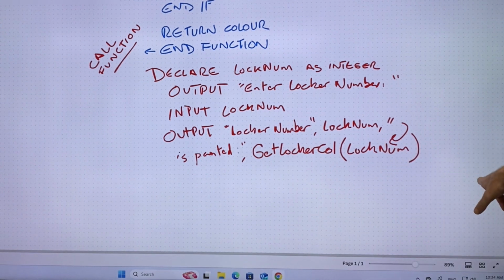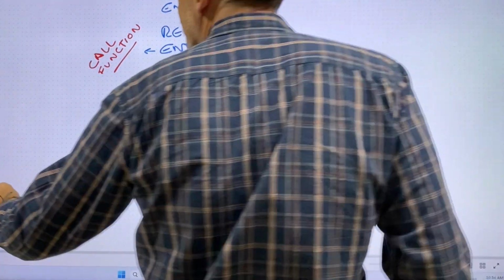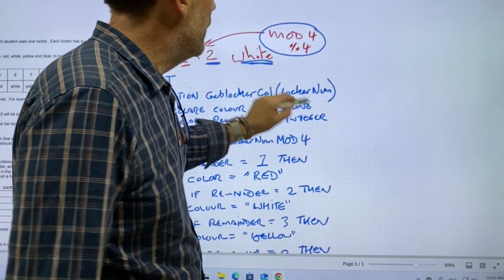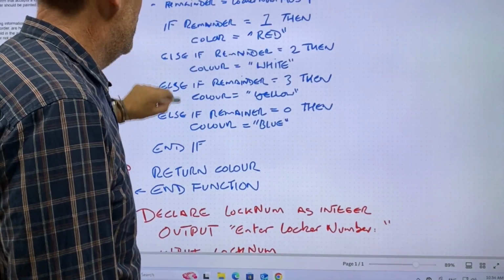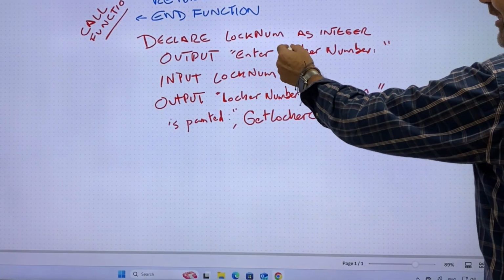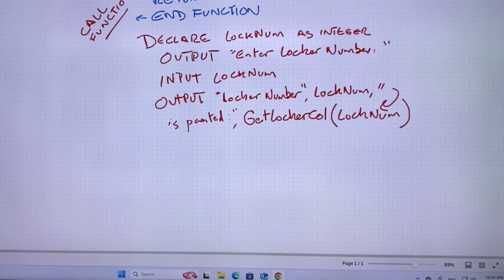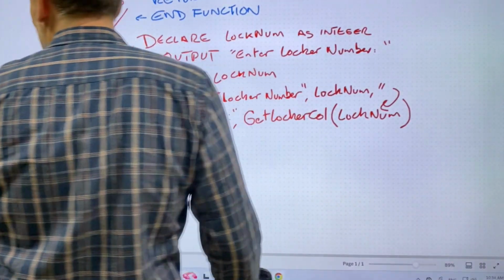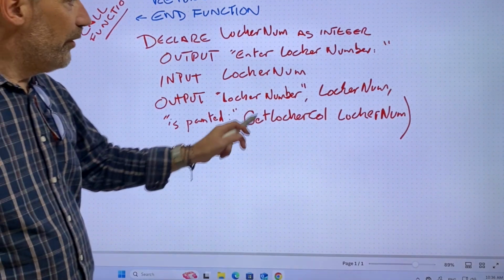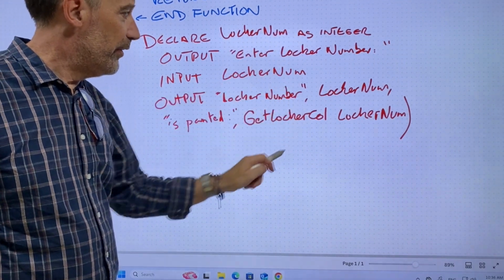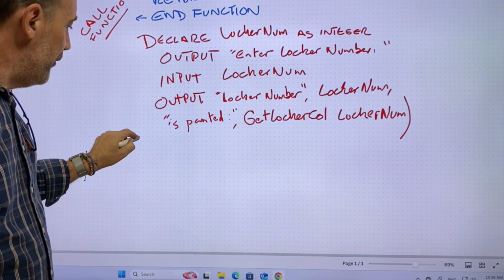Get locker call block num. Is that right? Oh, locker num. It should be locker num. It should be locker number. Let me just read that out. Sorry, I've just done some little tweaks there. And then we just end.